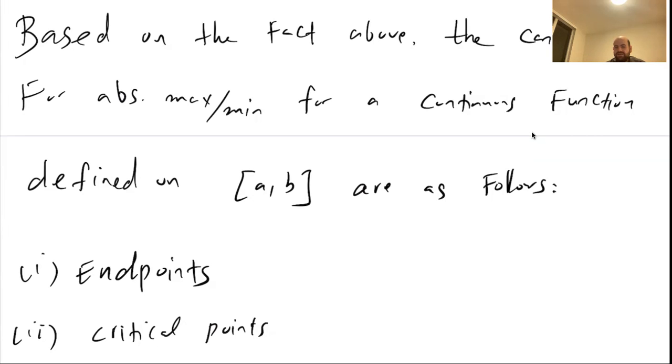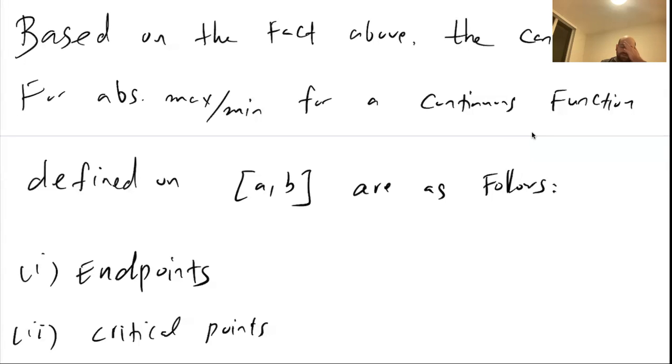So once you collect all the endpoints, where you have only 2 of them, a and b, and all the critical points, then these are the candidates. Therefore, the absolute max must be one of these points. The absolute min must be one of these points as well. How can we decide? Well, just find the outputs, because remember, the absolute max is a number c where the output corresponding to c is the biggest compared to all outputs in the domain.